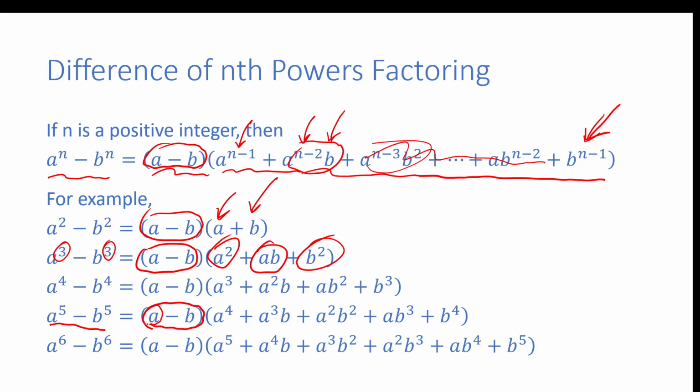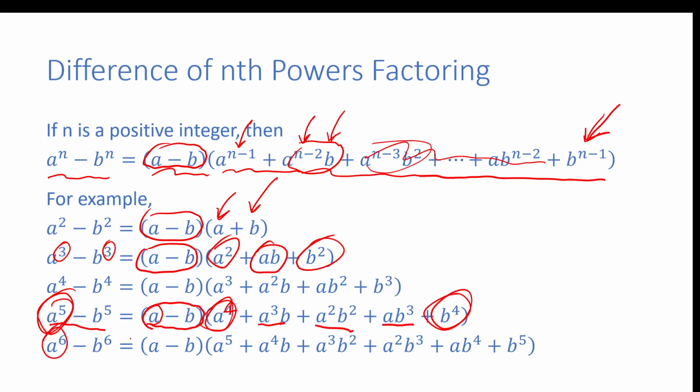It's always 1 less, so if that's a to the 5, reduce that by 1, so it becomes a to the 4. And then put a b to the 4 on the end, okay? And then in between, since this has a 4, the next term will be a to the 3, b to the 1. The next one is a to the 2, b to the 2. The next one is a to the 1, b to the 3, and then finally b to the 4.